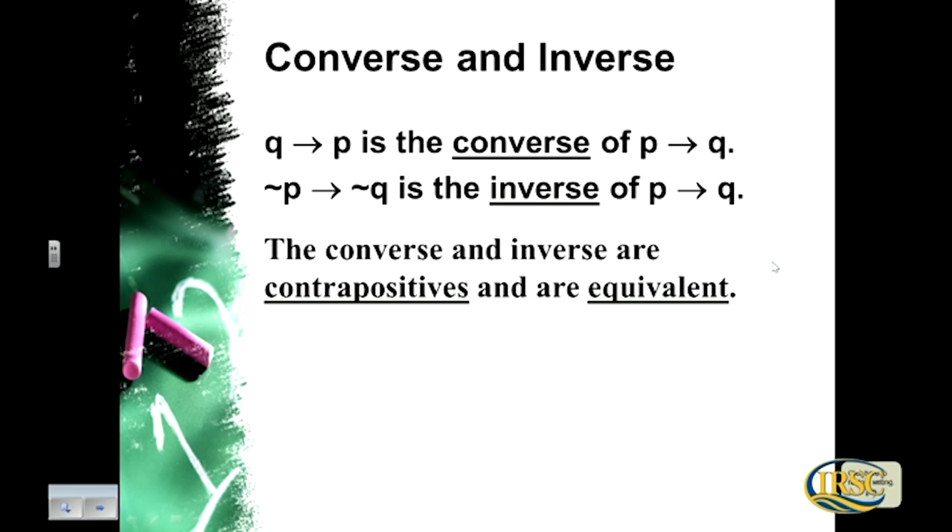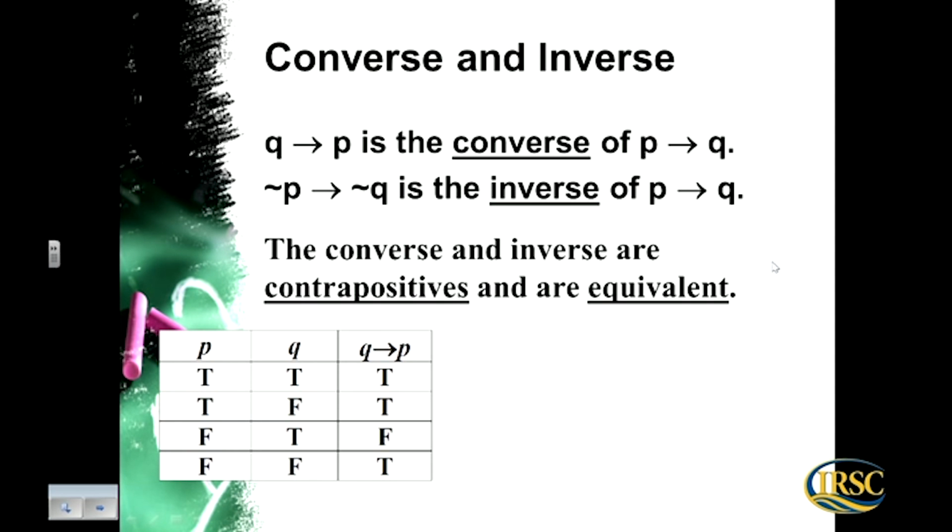Okay, and then the rest of this slide is not on your handout, but I just went ahead and showed truth tables for the converse and the inverse to prove to you that they were equivalent to each other. Not to the original, but to each other. So here's the if Q then P: true, true, false, true.